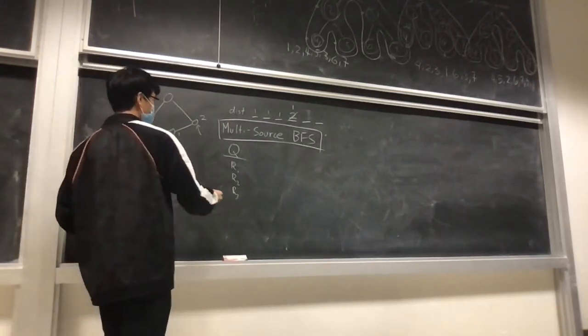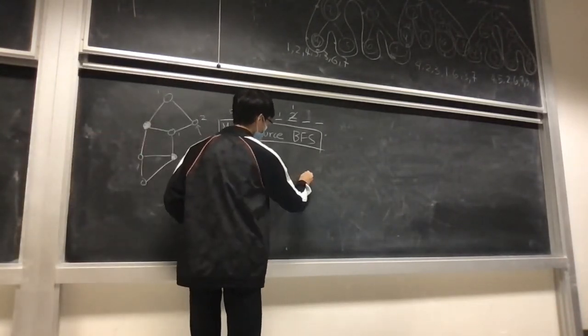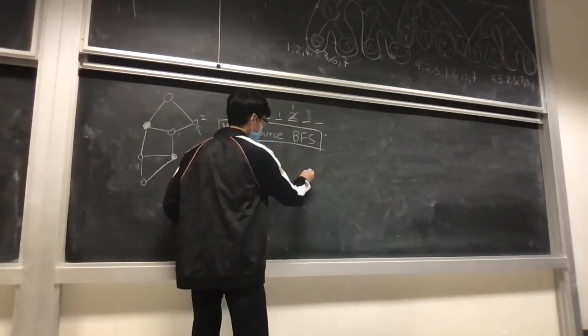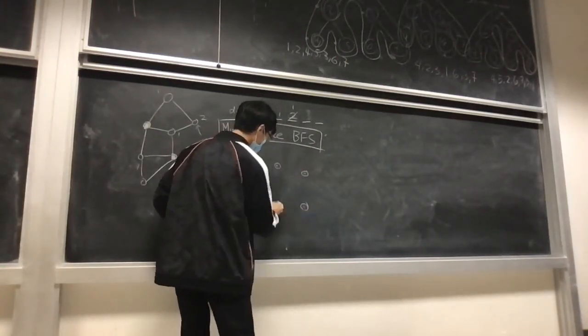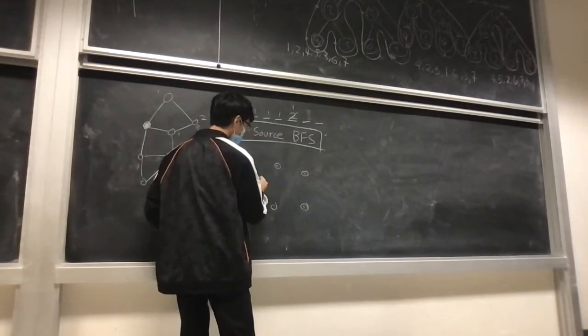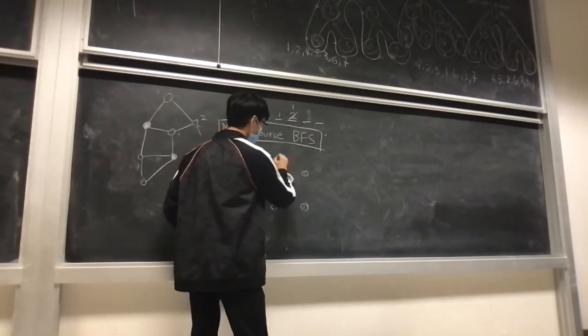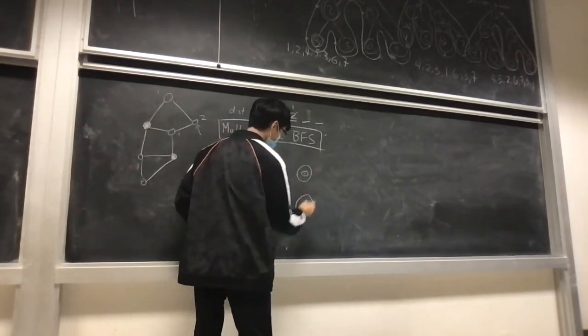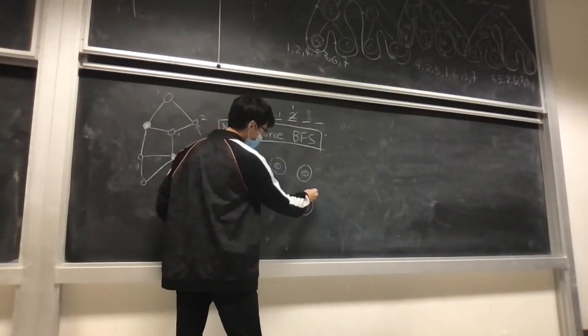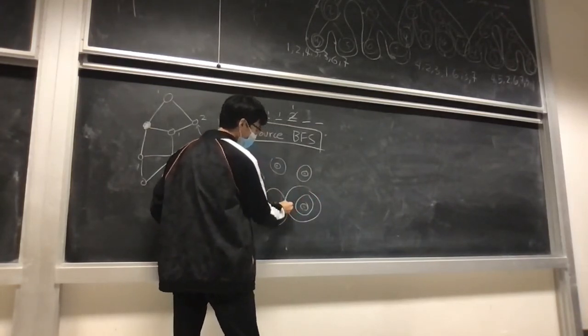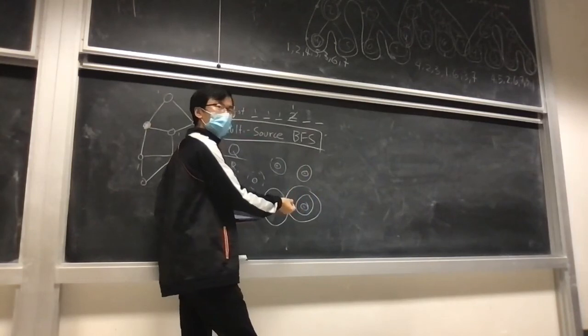Think about a bunch of dots on a plane, with small circles that grow bigger, like this. When two of them collide or intersect, that's when you visit a node that's already been visited.